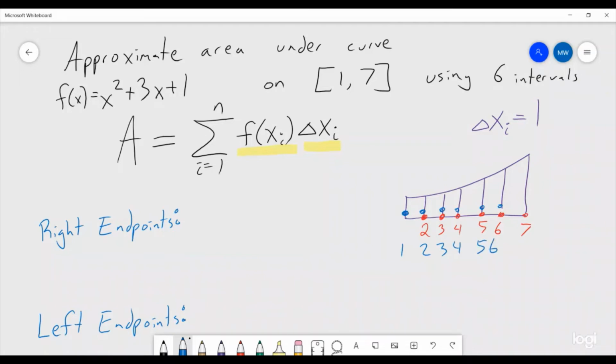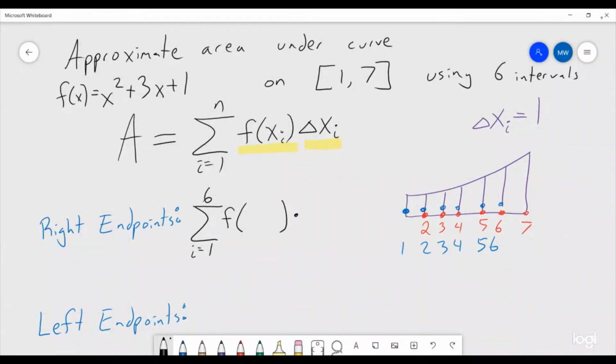So our right endpoints are going to be the sum from i equals 1 to 6, since we have 6 intervals, of f of our x_i's times delta x_i, which is always 1. What are our x values when we are doing our right endpoints? Well, when i is 1, our first one wants to be 2.